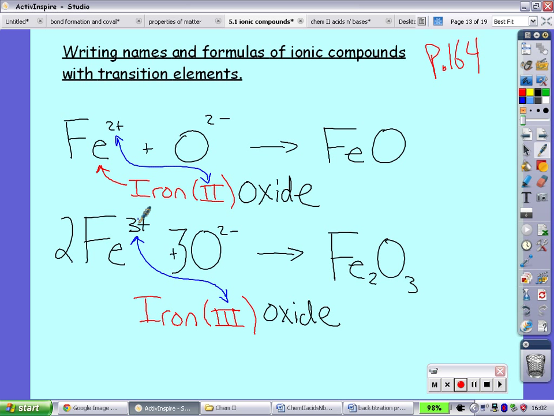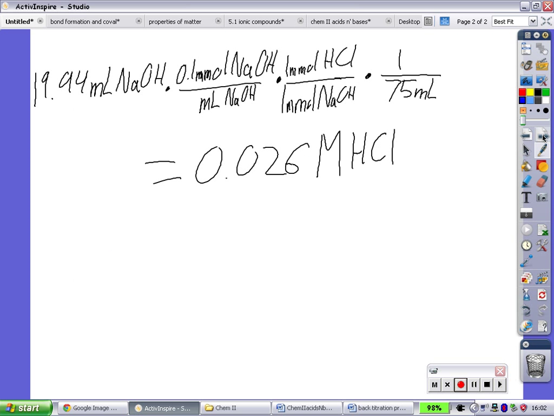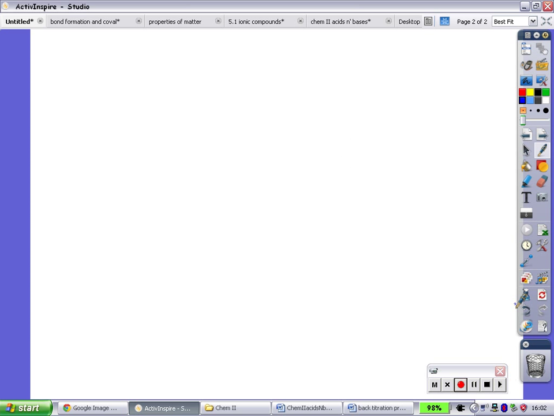So I'm going to switch screens. I'm going to give you 2 examples. I'm going to give you one where I give you the formula and you have to write the name. And then I'm going to give you one that is a name and I want you to write the formula. Okay? So the first one I'm going to give you is one that contains also a polyatomic ion.